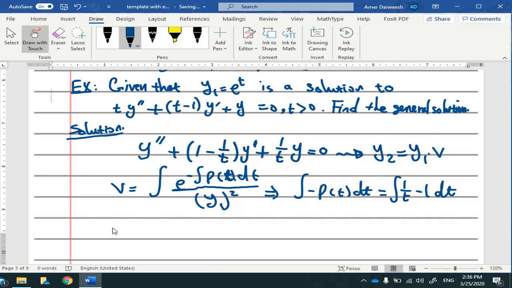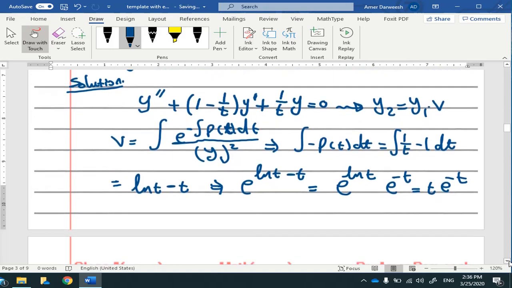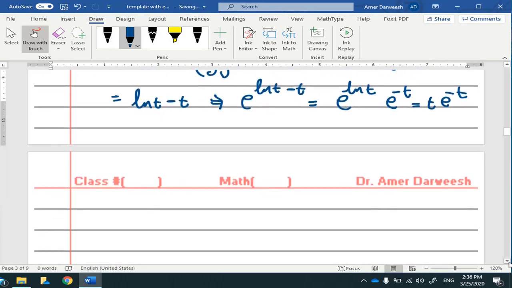So this integral now becomes natural log of t minus t. Taking the exponential for this term, e to the natural log of t minus t becomes e to the ln of t times e to the minus t, which is t e to the minus t. So I computed this term here. Now let's compute v.